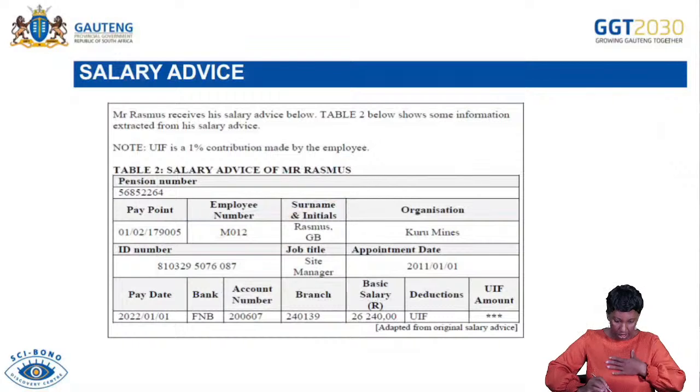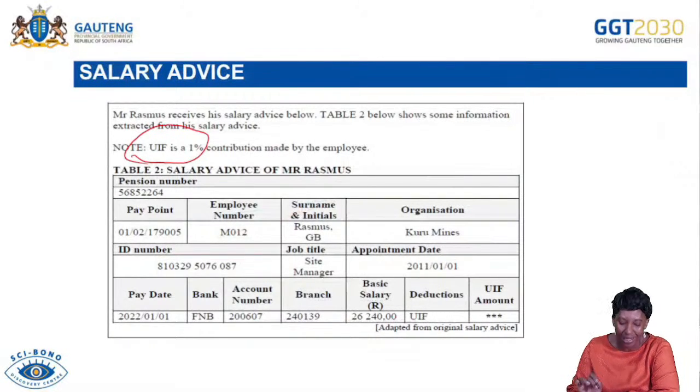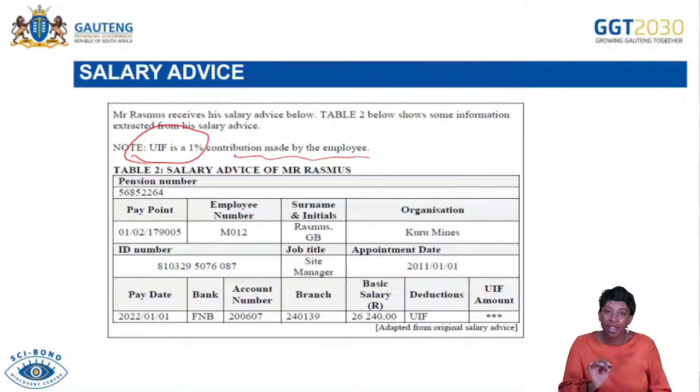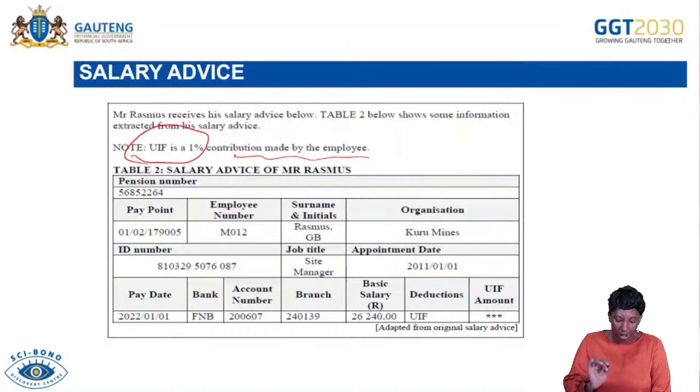Now let's start with the serious stuff. There's just an example of a salary advice. Remember, I said to you, they have to mention if I am contributing towards the UIF. As you can see, it says 1% contribution made by the employee. Once they say 1% is made by the employee, it means I am also making a contribution of 1%.